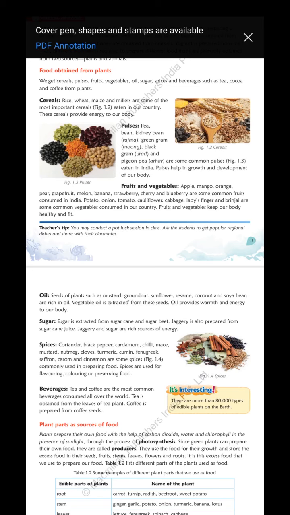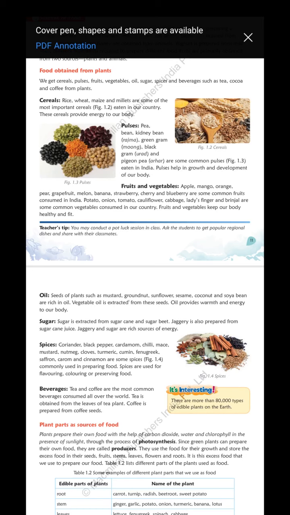And some spices like coriander, black pepper, cardamom, chili, mustard, cloves, nutmeg, turmeric. These are some spices we are getting from plants. Okay, and for coloring or preserving food. Preserving means storing. Next one is beverages. What are those?